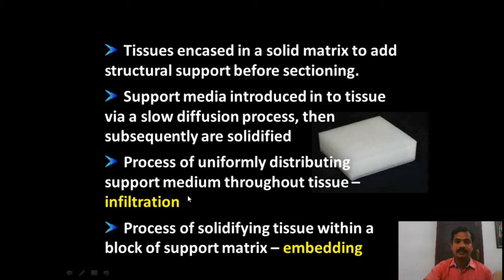So infiltration is the process of uniformly distributing the support medium, that is the wax, throughout the tissue. Then the process of solidifying the tissue within a block of support matrix, that is wax matrix, is known as embedding. So embedding is the introduction of the specimen to be cut inside a solid wax block.